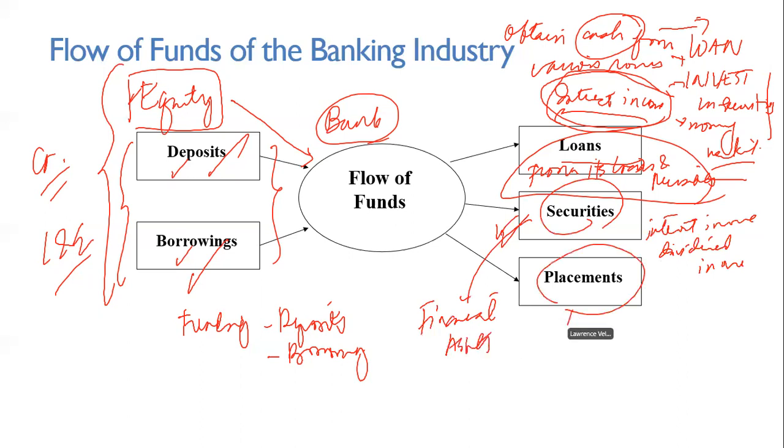Placements are money market placements, and we discussed this last time. So these are short-term sources or short-term investments. So essentially that's the business model of a bank. And when you see the financial statements later of BPI, you will see that it is evident in their financial statements that this is their business model.